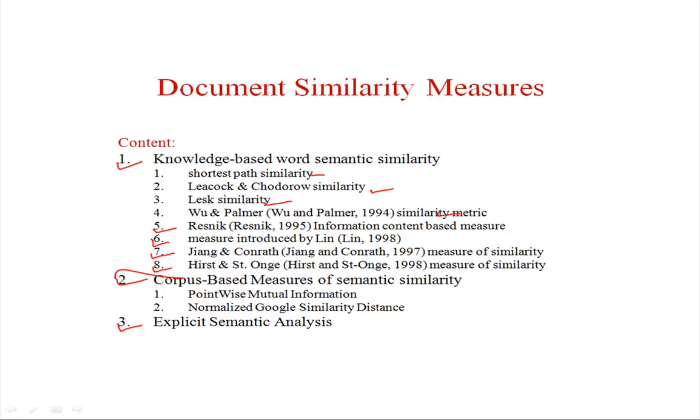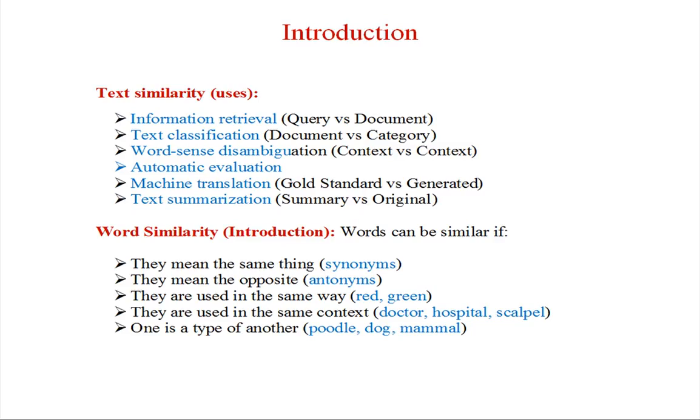Corpus-based similarity measures, I will basically cover pointwise mutual information, normalized Google distance, and similarity distance.